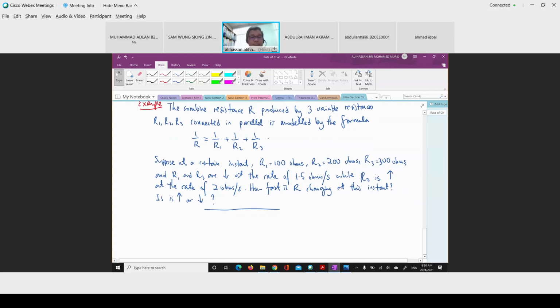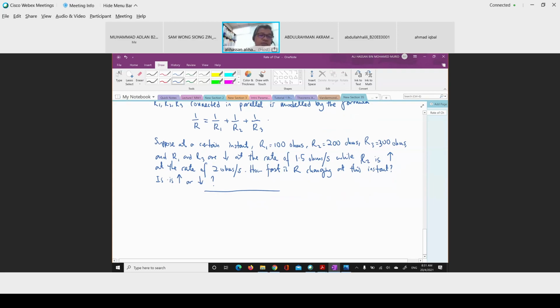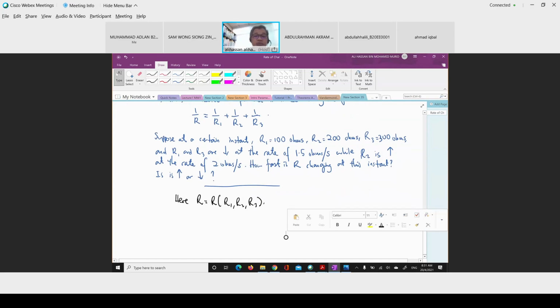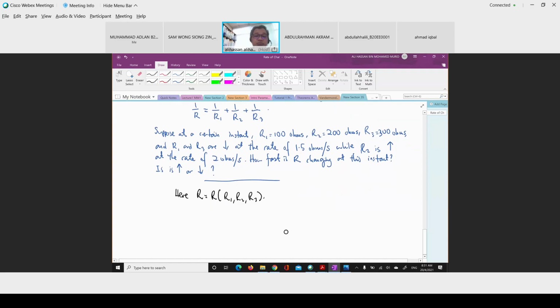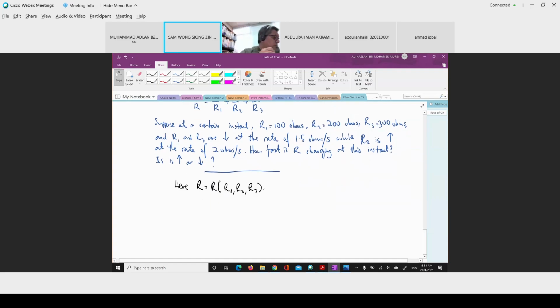All right. So we can think of R here as a function of three variables, R1, R2, R3. What is given? 1.5 ohms per second represents dR1/dt.